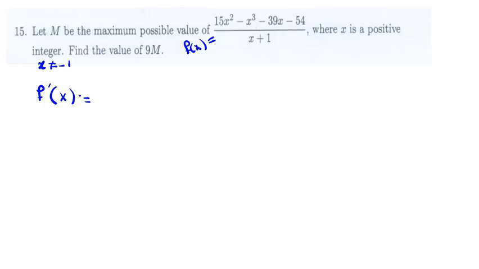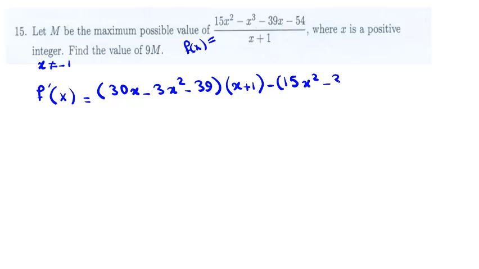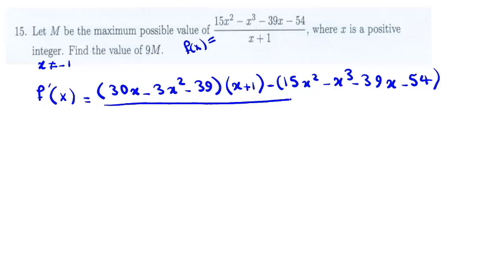If we differentiate f, it will be 30x minus 3x squared minus 39 times x plus 1 minus 15x squared minus 3x minus x cubed minus 39x minus 54 times the derivative of x plus 1, which is 1, all over x plus 1 squared. Now, we know the denominator is always positive. We focus on the numerator.